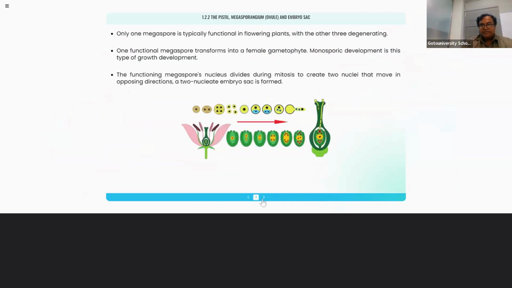Now we come to one megaspore being functional. That means three go for degeneration, which we already told. So we can say monosporic. When we explain this for the female, the examiner's mind will blink.